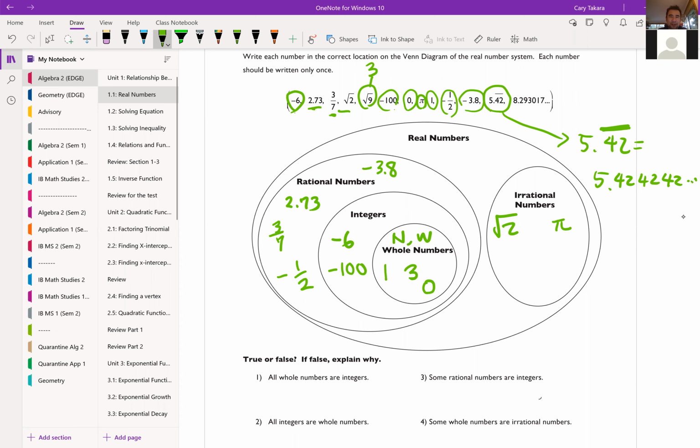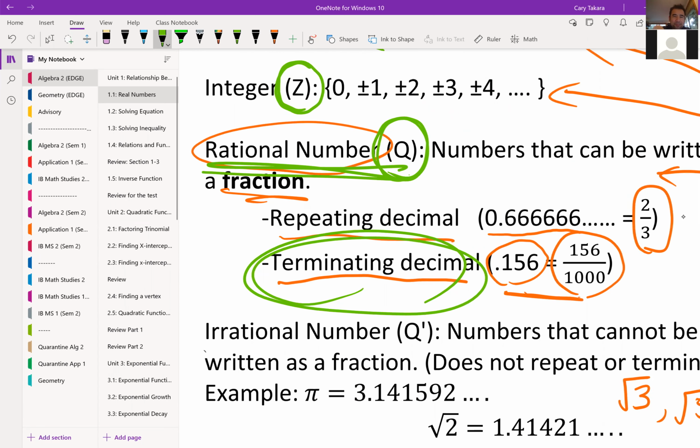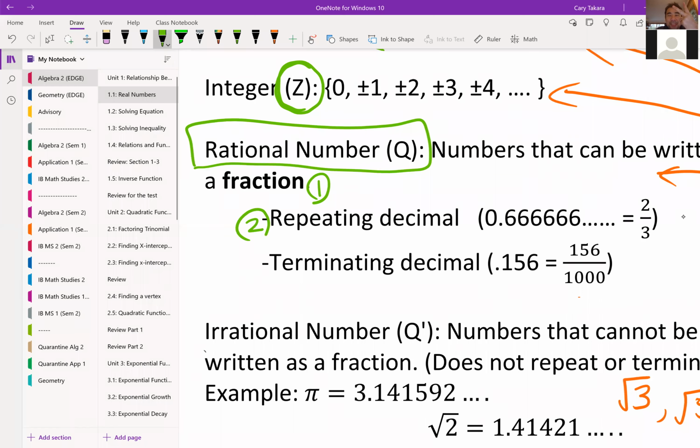Repeating decimals are, again, remember three things. Rational numbers can be described in three things. One is fraction. Second one is repeating decimal. And the third one is terminating decimal. I'm going to ask you this next week. Tell me three things about rational number. That's what I will say. Tell me three things. Rational number. Fraction, repeating, terminating. Okay.